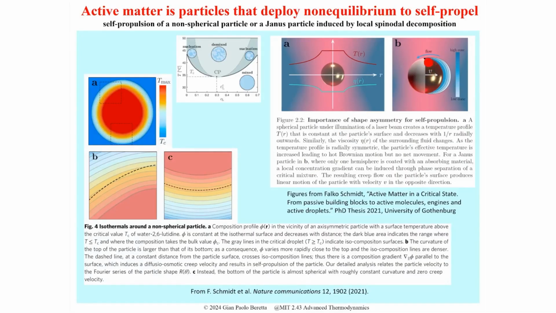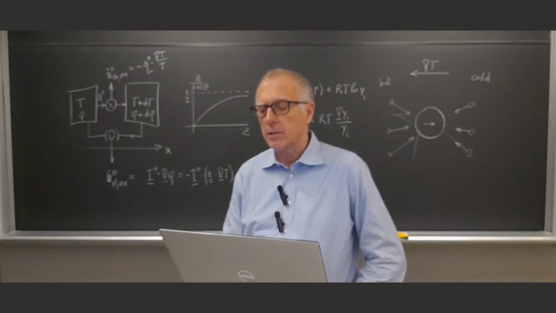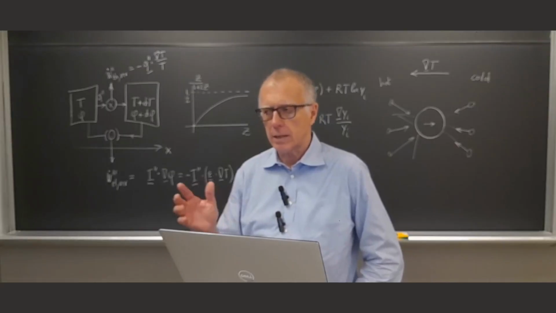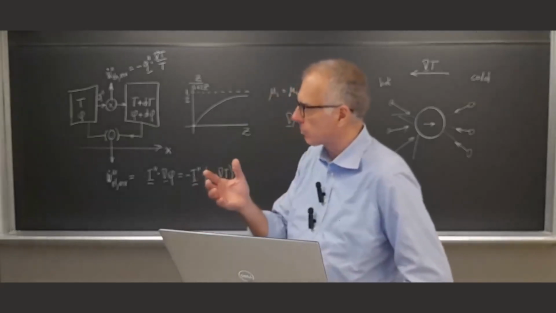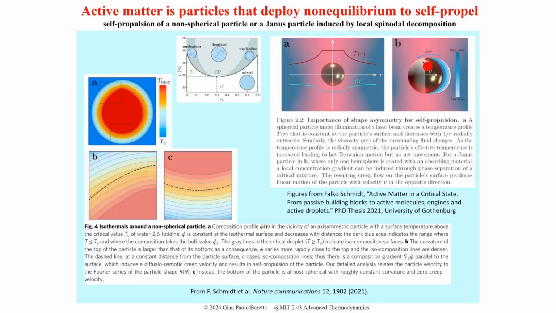And the gold surface layer, since it has a high conductivity, guarantees a uniform temperature. And so then what they do is to shine some laser light to heat up that particle. And therefore, a temperature profile builds up.